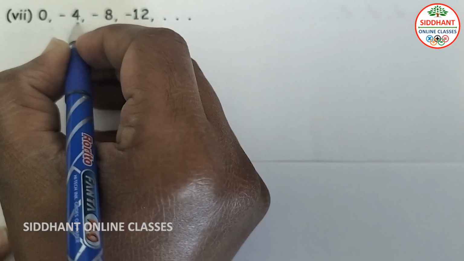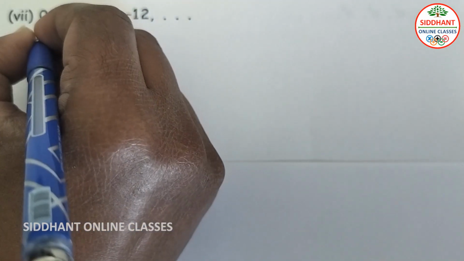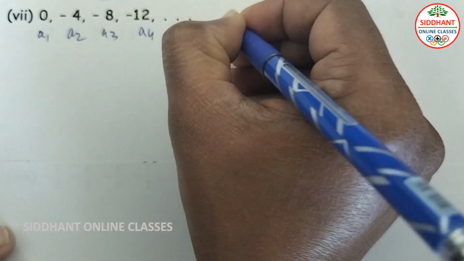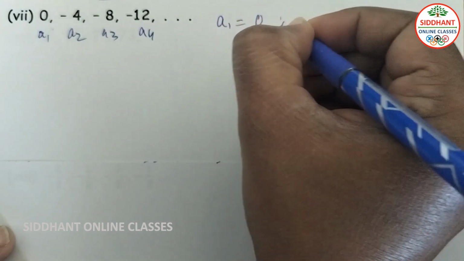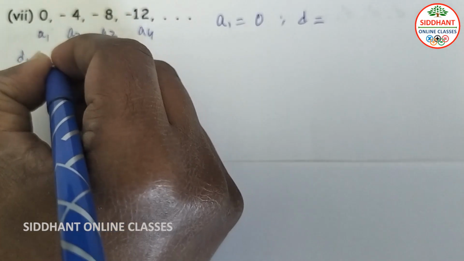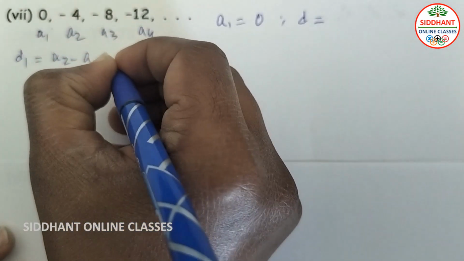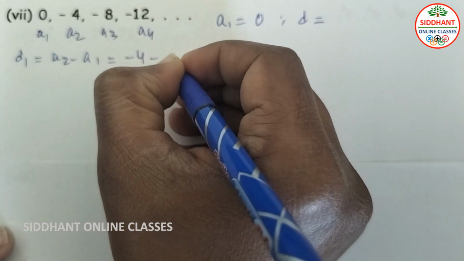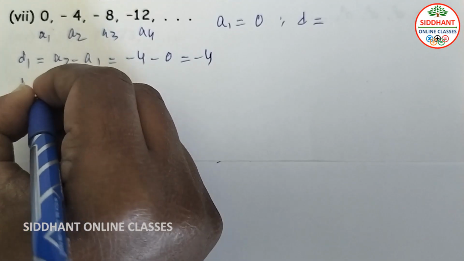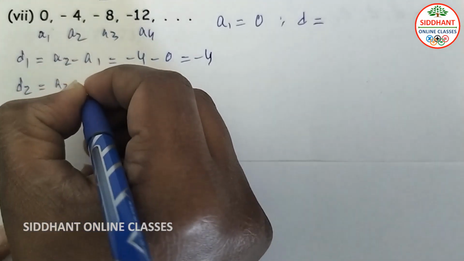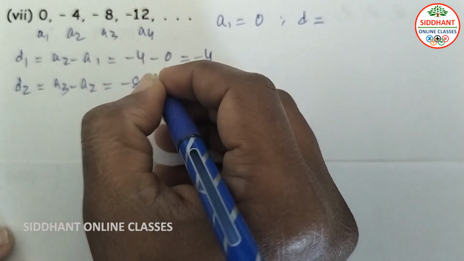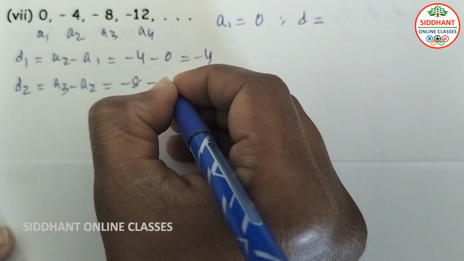Eighth one, 0, minus 4, minus 8, minus 12. So let it be a1, a2, a3, a4 here. Now a1 is equal to 0 and d we are going to find out here. So here d1 is equal to a2 minus a1, that equals minus 4 minus 0, that equals minus 4 here. d2 is equal to a3 minus a2, that equals minus 8 minus of minus 4.